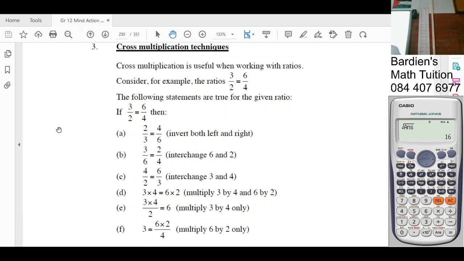Let's see what if we interchange those two. It would have been 4 over 2 is equal to, and then we must interchange, so it will be 6 over 3. I'm just interchanging those two. 4 over 2 is 2, 6 over 3 is 2. So is it still true? Yes.